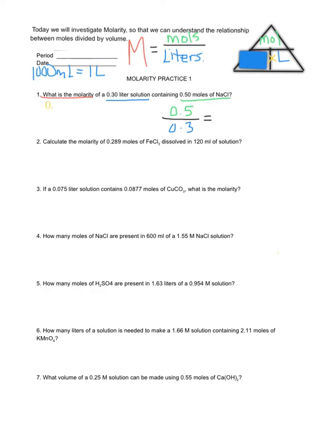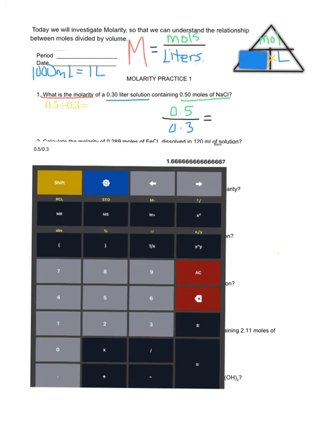Hopefully you can see that yellow. 0.5 divided by 0.3 equals. When I put that in the calculator, here we end up with our answer: 1.6666666, and so on.